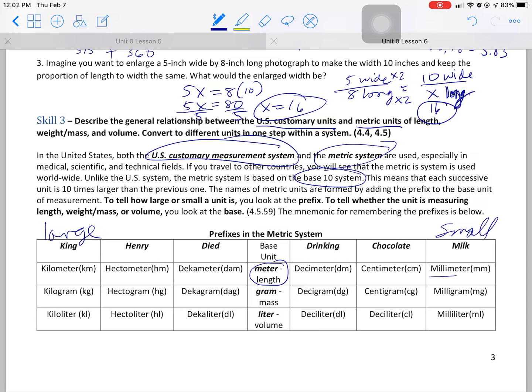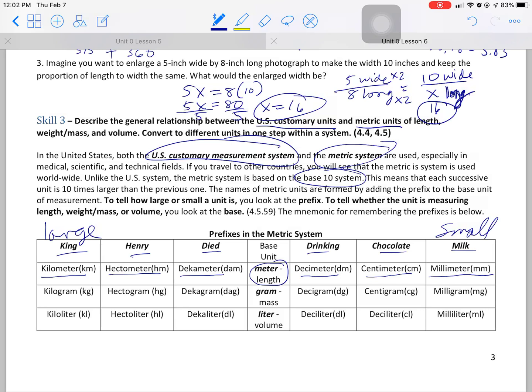Something as small as a millimeter, something a little larger is a centimeter, a little larger decimeter, decameter, hectometer, kilometer, depending on how you want to say that. This is large and that's small. And some people, instead of please excuse my dear Aunt Sally, have King Henry died drinking chocolate milk, and that keeps the order of large to small.